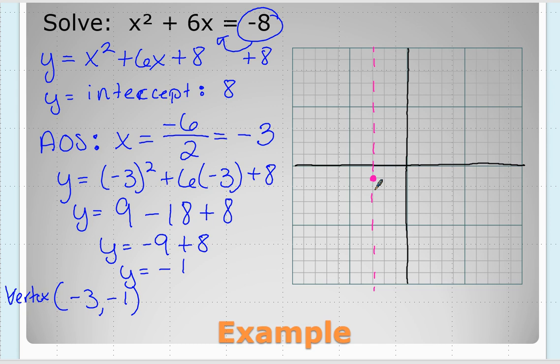My y-intercept is at 8, I'm sorry. So from negative 1 all the way to 8, that's a long way. I don't know where this parabola is going to cross exactly. So I'm going to need to find an additional point. So I'm going to start picking x values out.